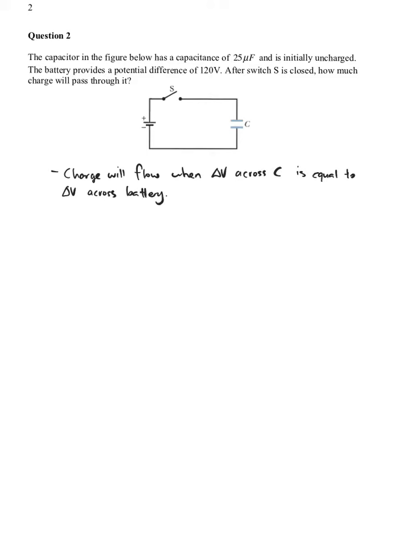Remember that C equals Q on delta V, and we need to find Q, so we rearrange: Q equals C delta V. We put in our values: 25 microfarads, 25 by 10 to the minus 6, multiplied by the voltage. Once we reach the voltage of the battery, it's 120 volts. We get an answer of 3 by 10 to the minus 3 coulombs. That's our answer.